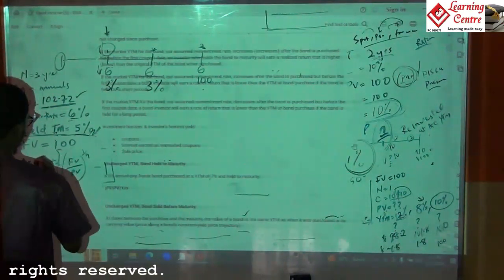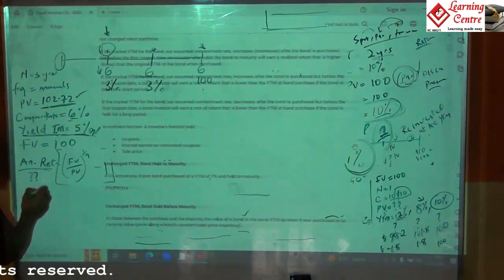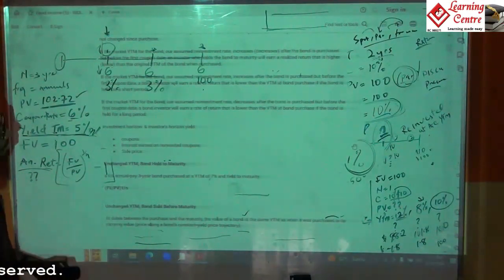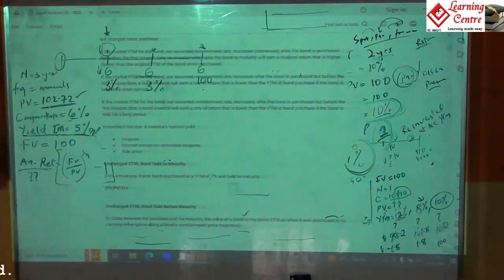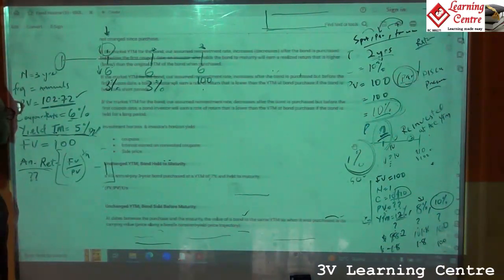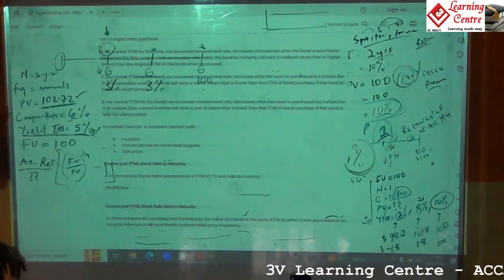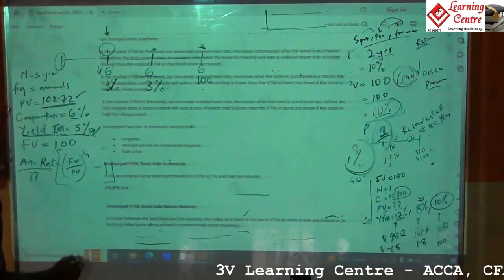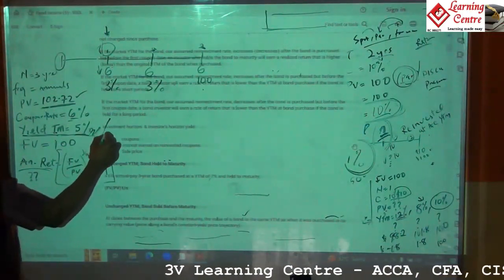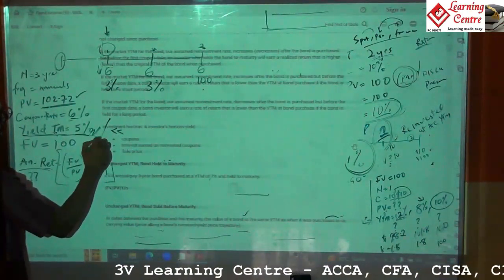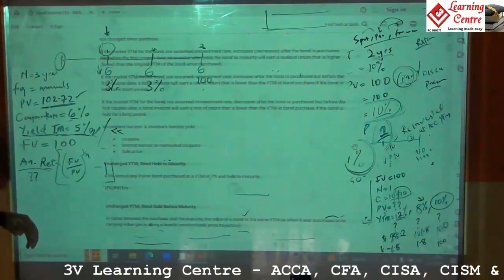What would be the annualized return for the investment? 4.9. Okay. The other part is that your annualized return will never be more than your yield.